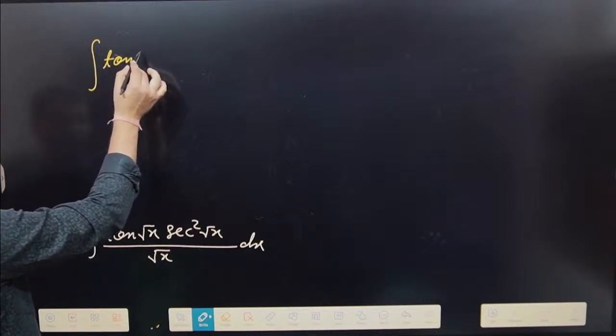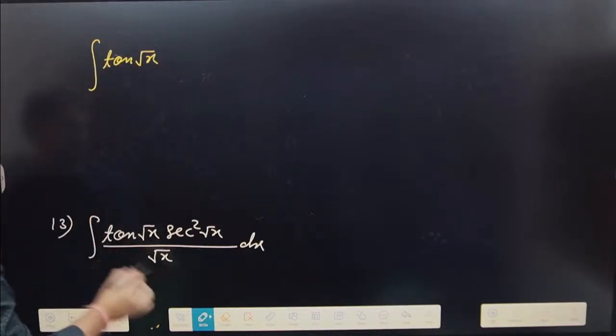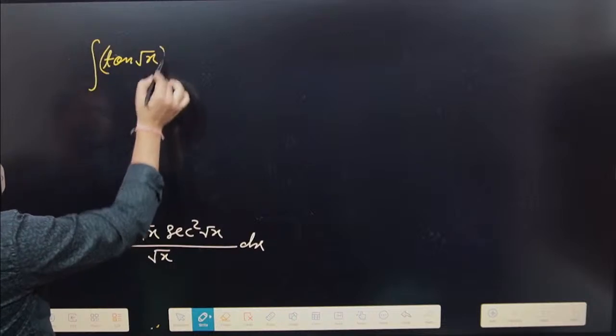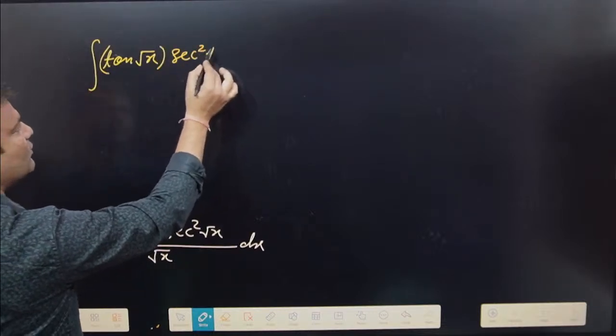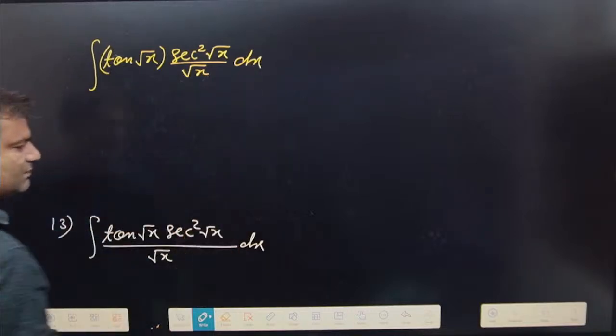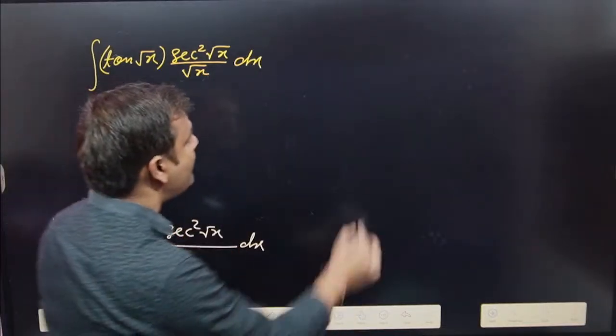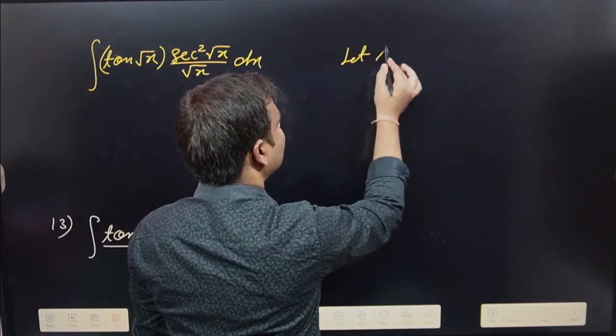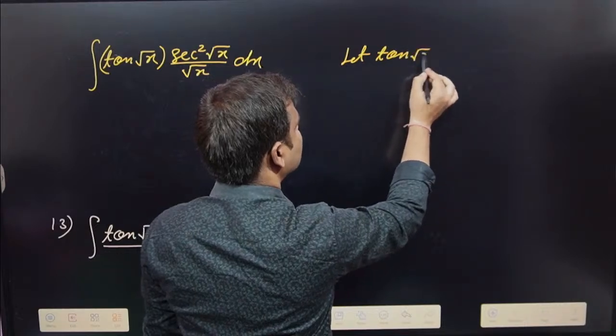Tan of root x into sec square root x divided by root x into dx. Look, let tan root x be equal to t.